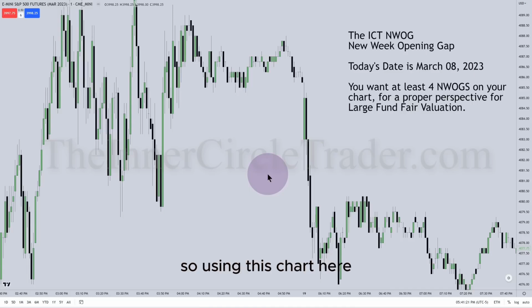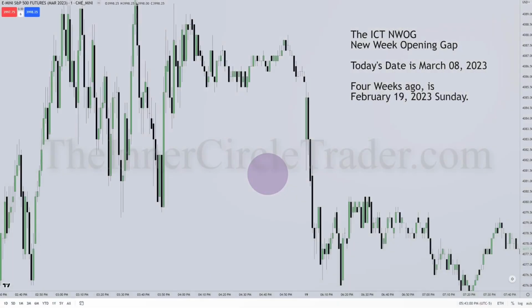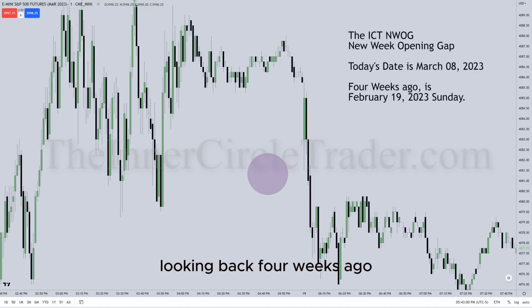So using this chart here, let's take a closer look at what we've seen for this week. Looking back 4 weeks ago, the date would be February 19th, 2023. And this is a 1 minute chart.